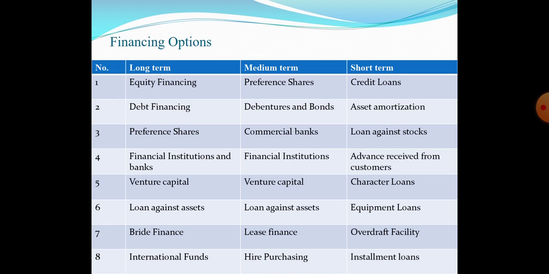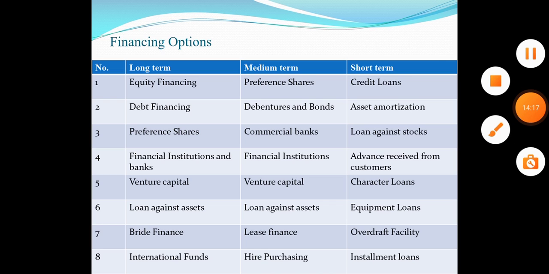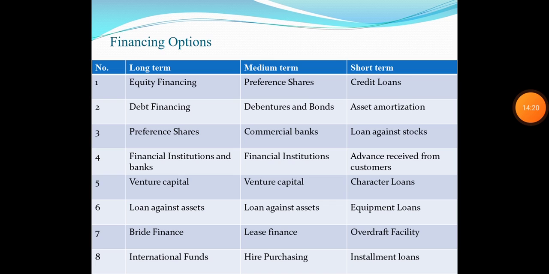So if we are purchasing the raw material from one side, and on the other side we are selling our product, in between, if we have to pay the supplier, so in between if there is a requirement of money, in that case short term financial need is required.